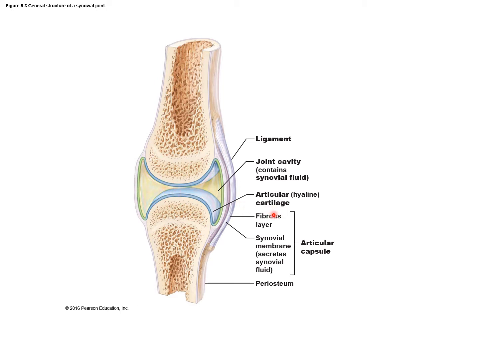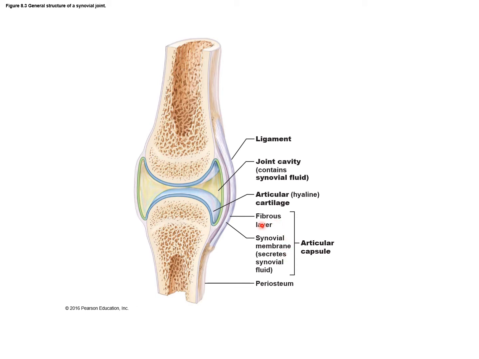Articular cartilage, remember articular is hyaline cartilage, and that's seen in blue here. The articular cartilage will be located at the ends of your bones. You then have your articular capsule. Remember that the articular capsule is composed of two layers.